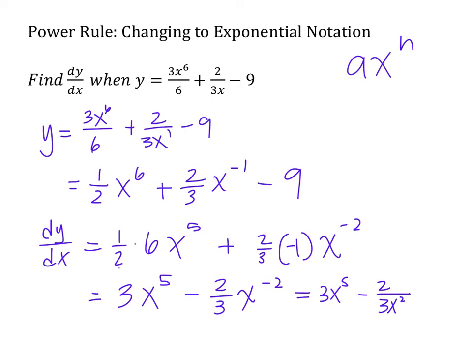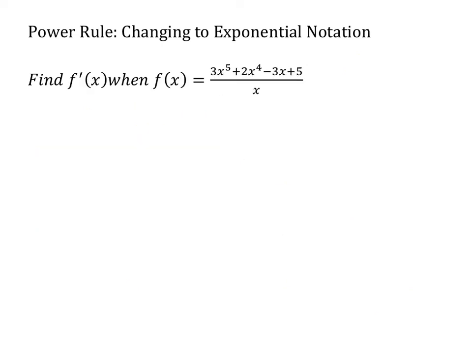Okay, moving on to the last problem. Now our last problem, we have a rational expression, right? So what I'm going to do is split it up into 4 different terms, then simplify and then find the derivative.